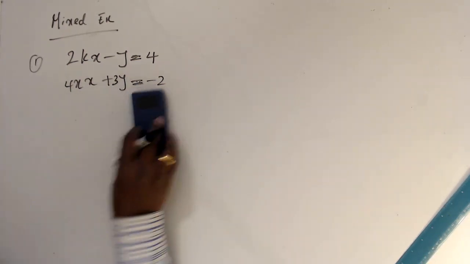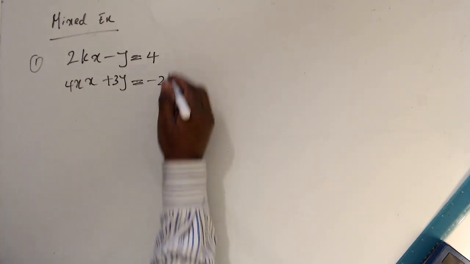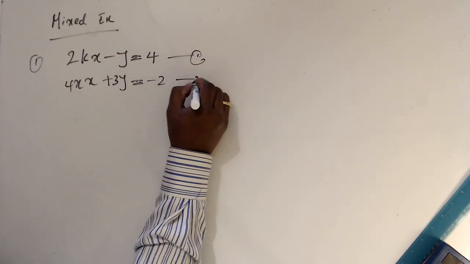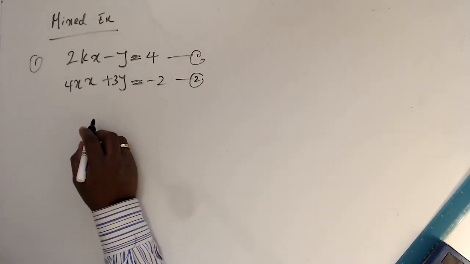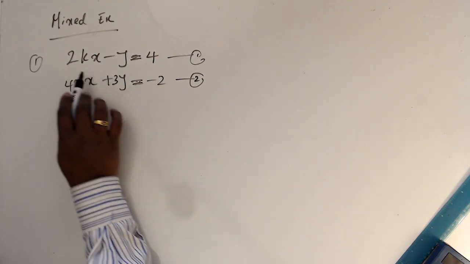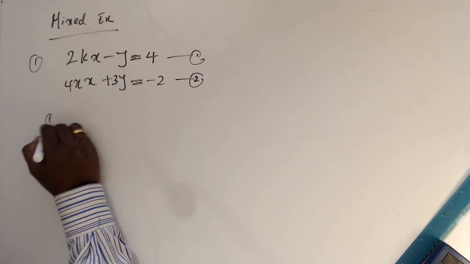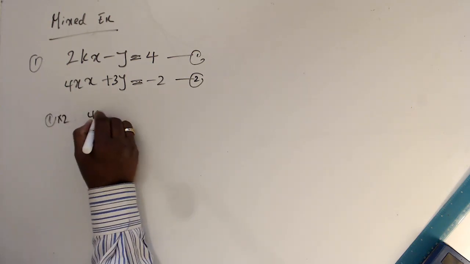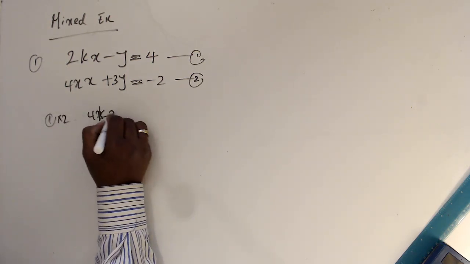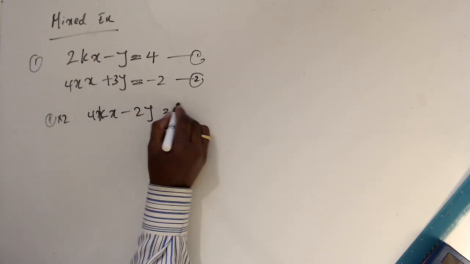I will check this one, this is 2. I'm going to x out, so I'll multiply equation 1 by 2, which gives 4kx minus 2y equals 8.